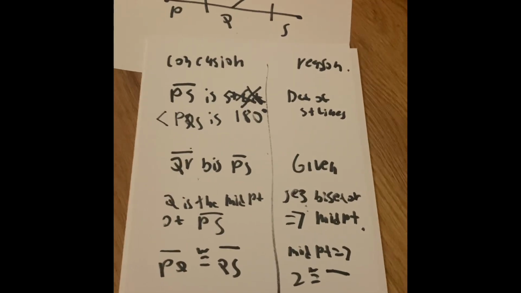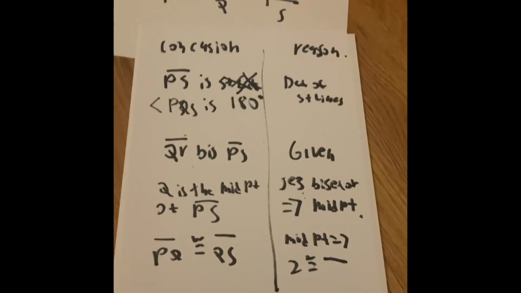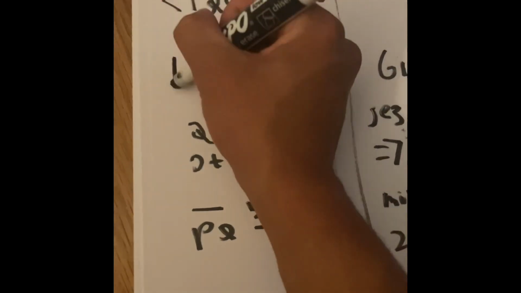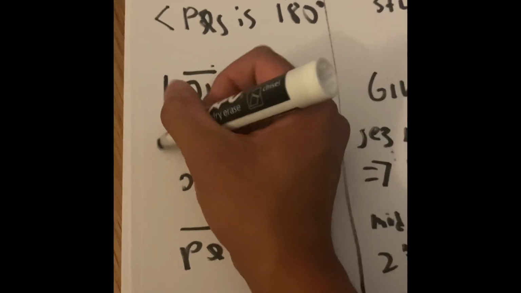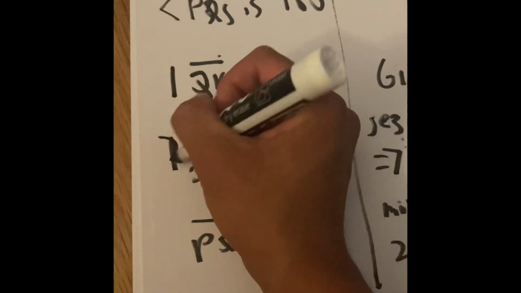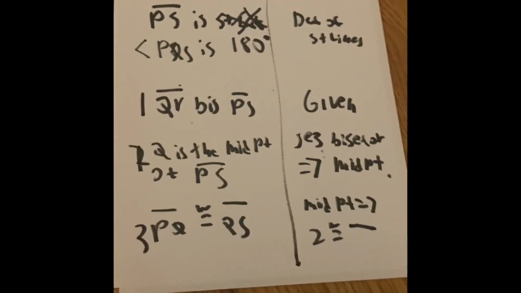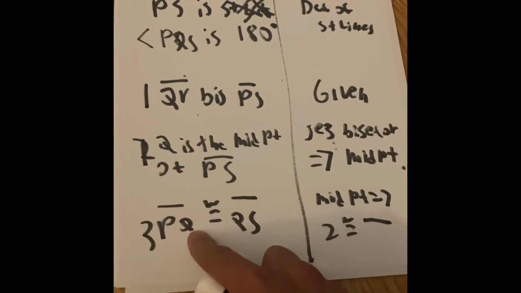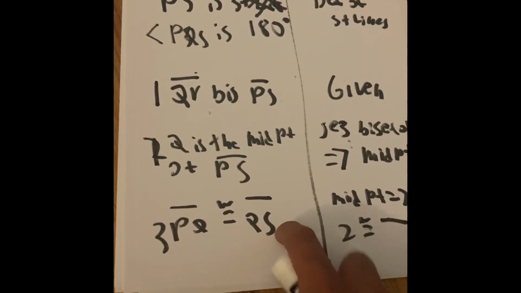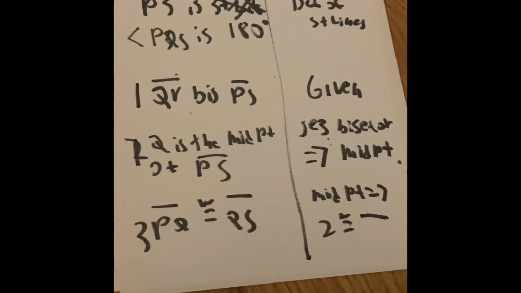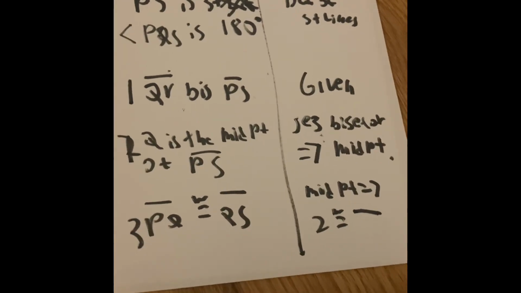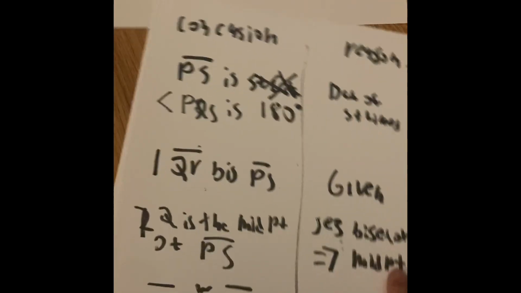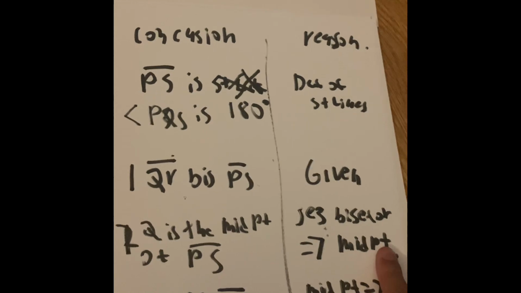A tip for doing these kinds of problems: try to make it so that your first one links to your second one, which links to your third one. The reason why is you can't understand that PQ is congruent to QS unless number 2 is there. You can't have a second chapter in a book unless you already have chapter 1. Or you can't go to college before you are born.